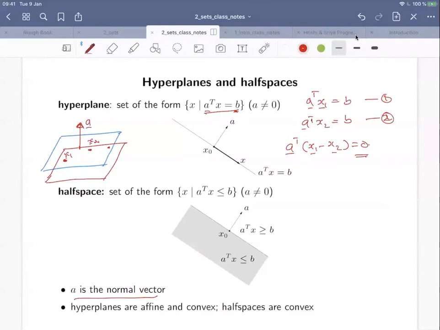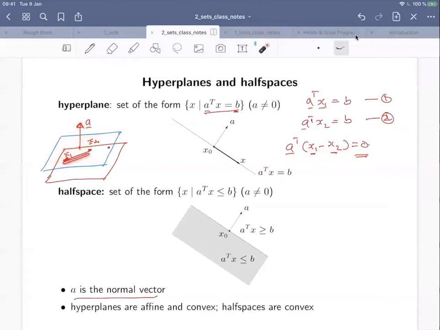What does that mean? So we have a line here, x1 minus x2, this line. So what is this statement saying? Here we say that any line in the plane is perpendicular to the normal, right? So this is expected since the plane itself is normal to this vector, right?